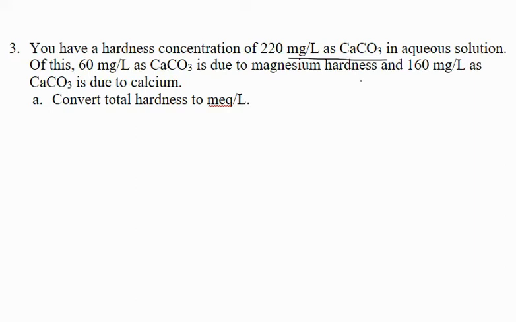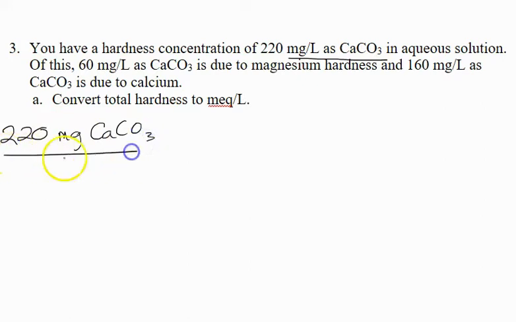Okay, the first thing we want to do is to convert the total hardness to milliequivalents per liter. So related to that equivalents per liter, but milliequivalents per liter. So the first thing we'll do is take our total hardness, so this 220 milligrams, and I'm just going to write calcium carbonate here, per liter, and we want to get that to milliequivalents per liter.